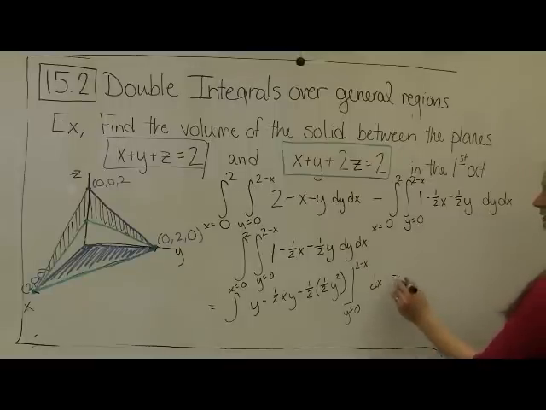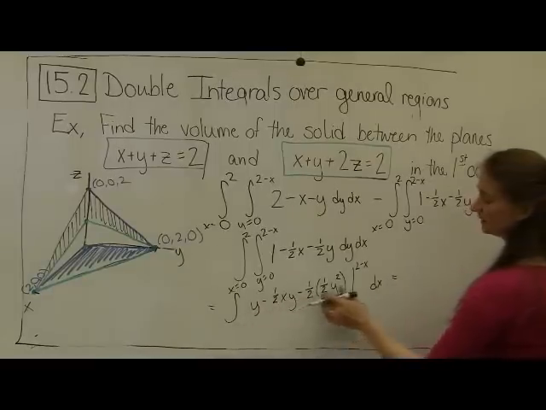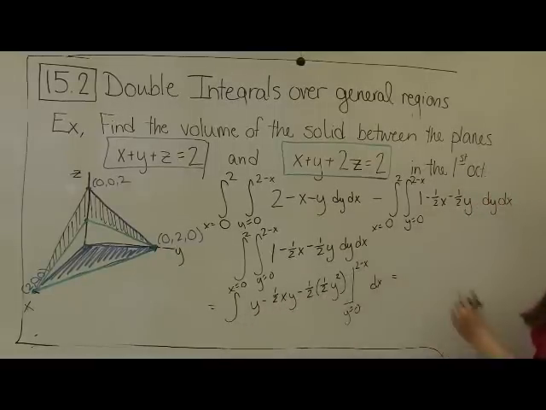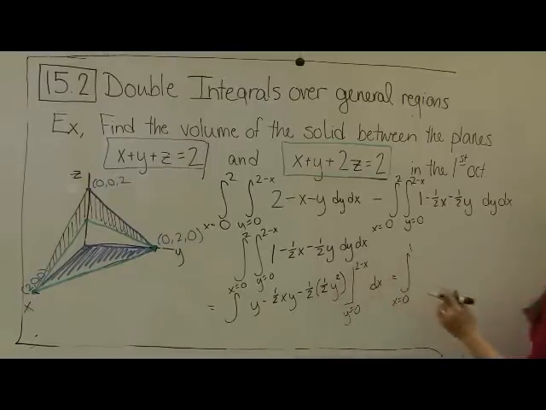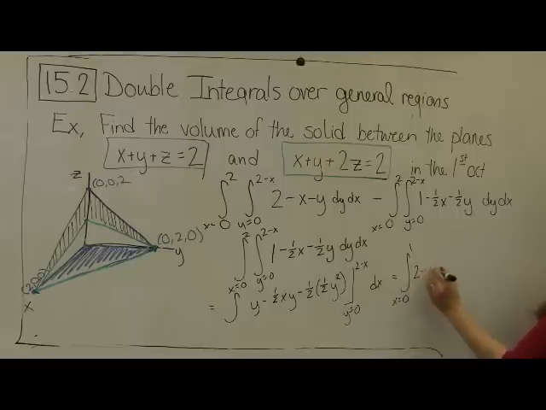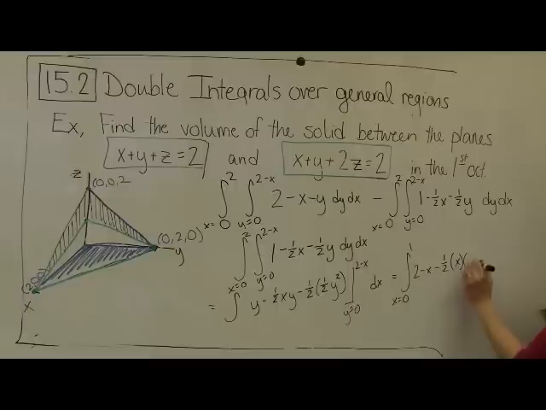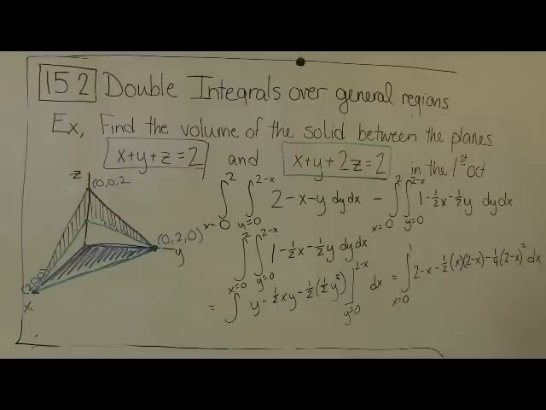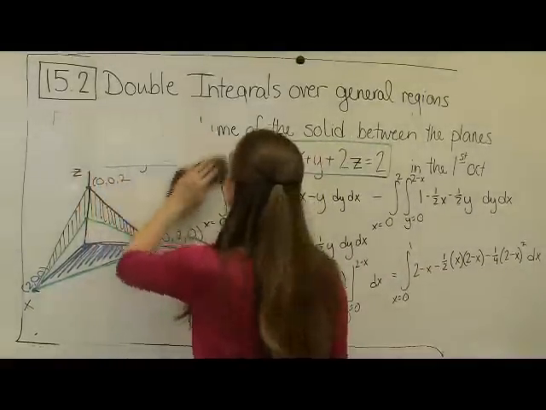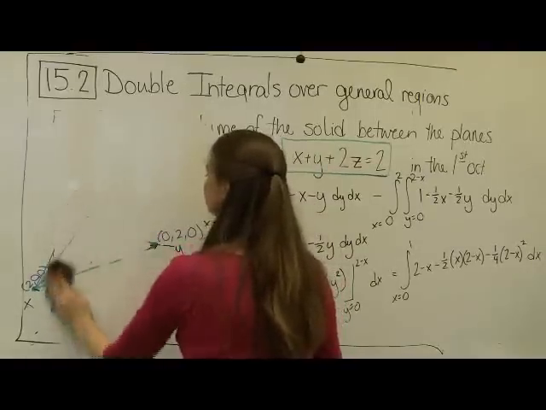Notice when y equals 0, all these terms become 0. So I'm going to plug in 2 minus x, and I get the integral as x equals 0 to 1. Plugging in 2 minus x everywhere I see a y, I get 2 minus x minus 1/2 of x times 2 minus x, minus 1/4 2 minus x all squared dx. I'm going to erase a whole bunch of this so that I have more room for my integration.